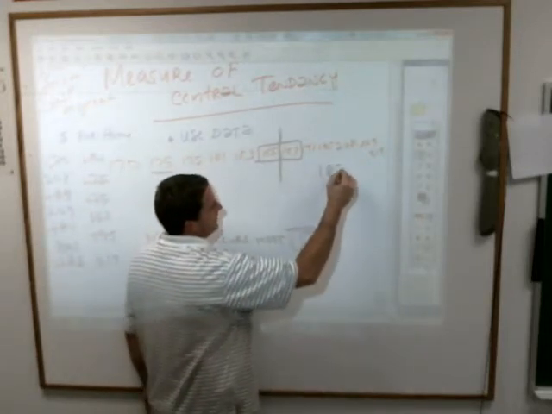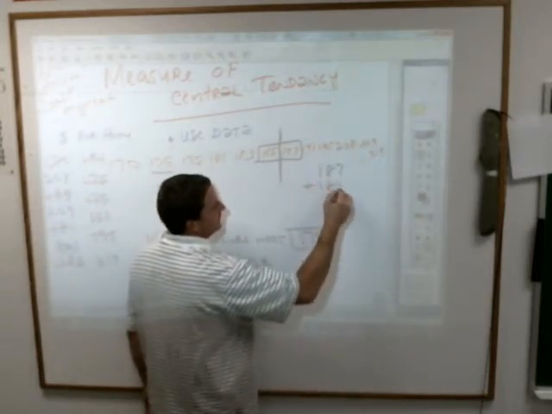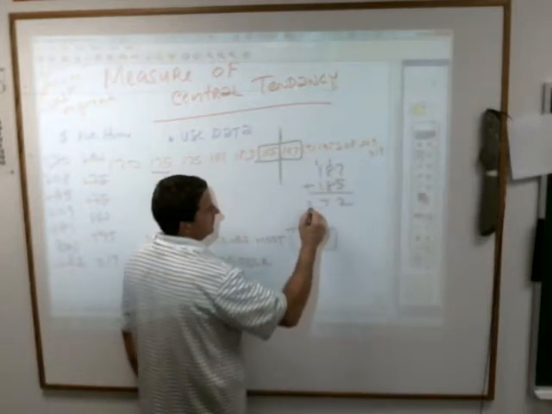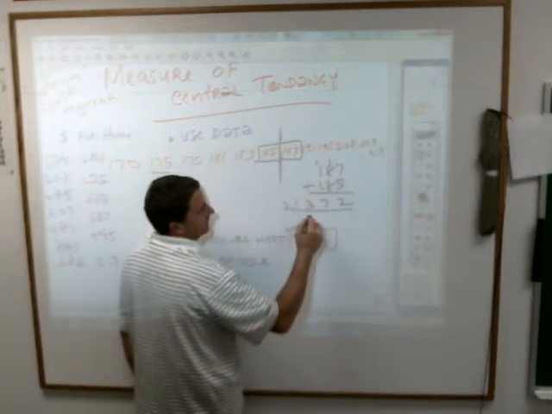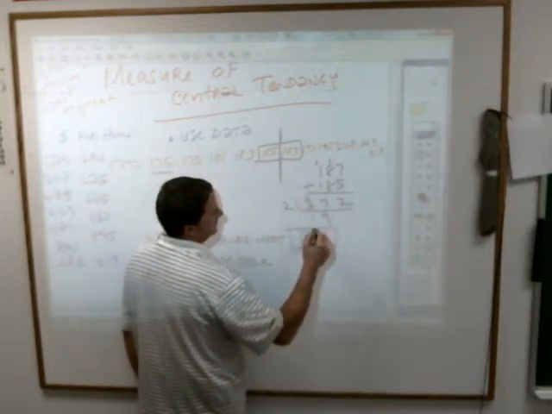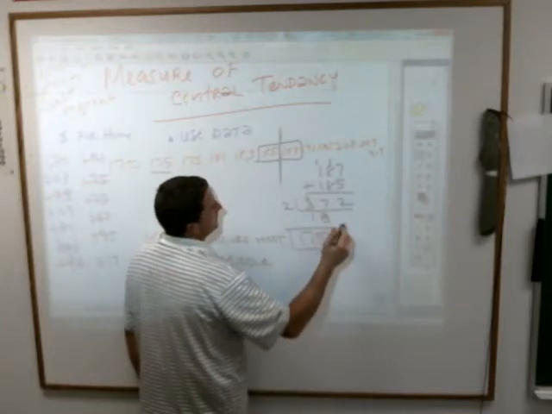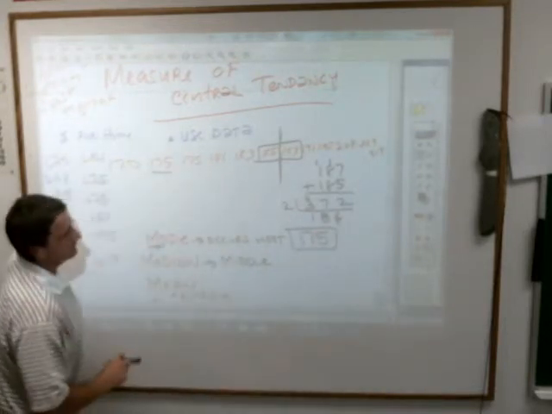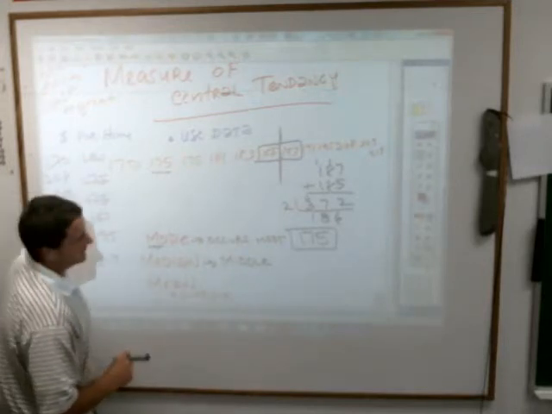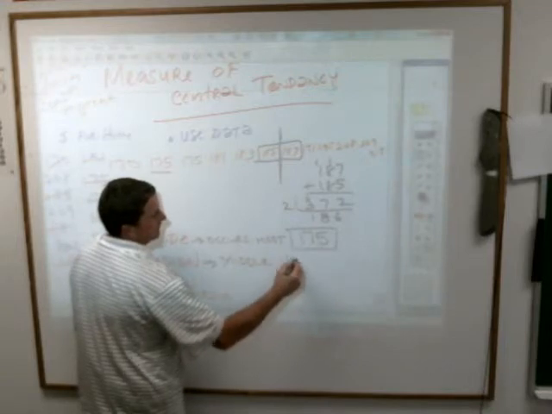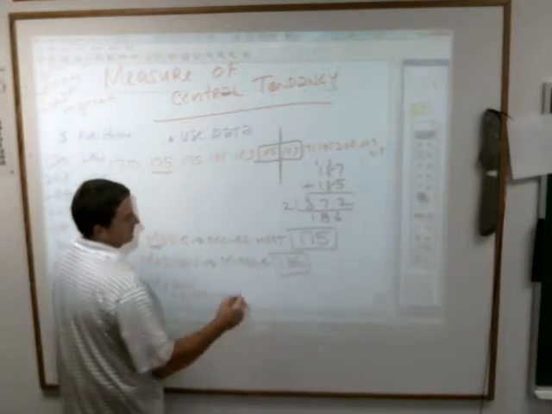It's 187 plus 185, divided by 2. 372 cut in half is 186. So the median is 186.